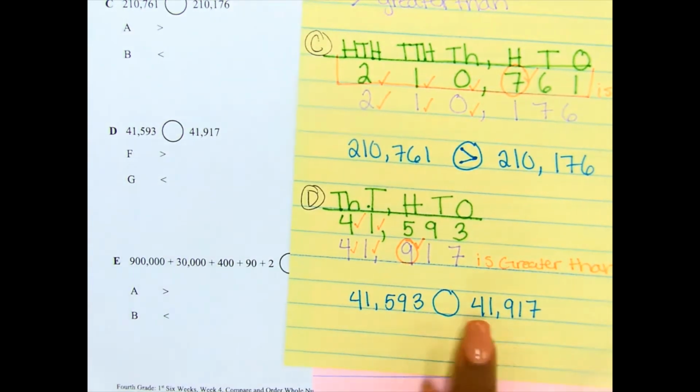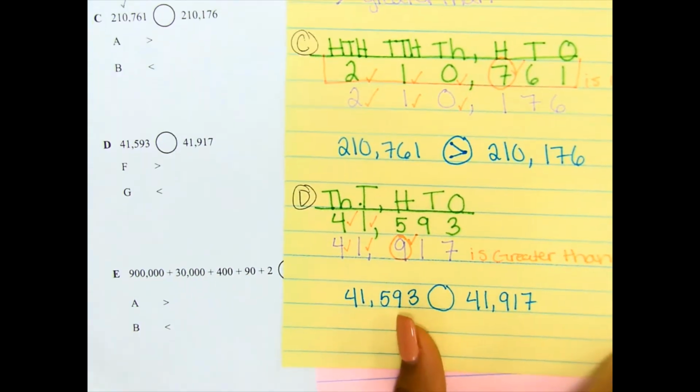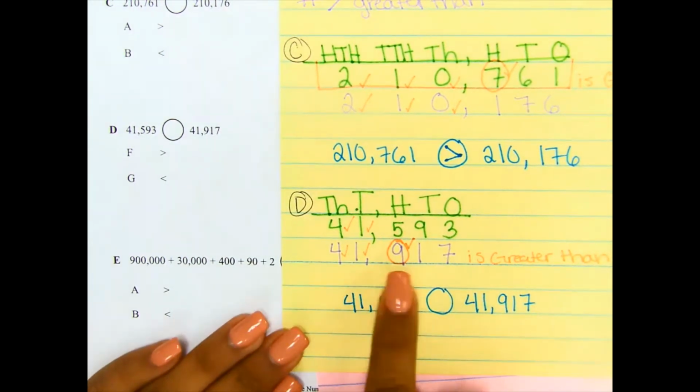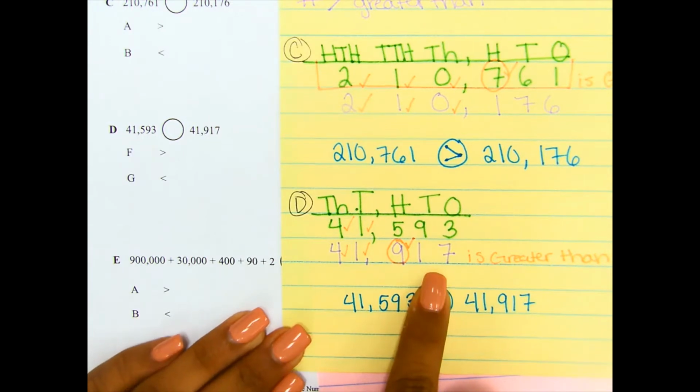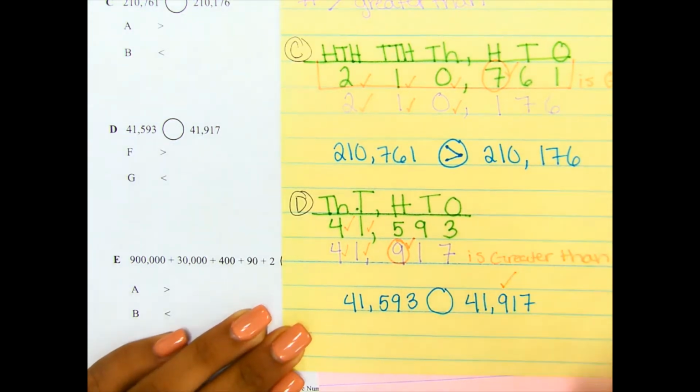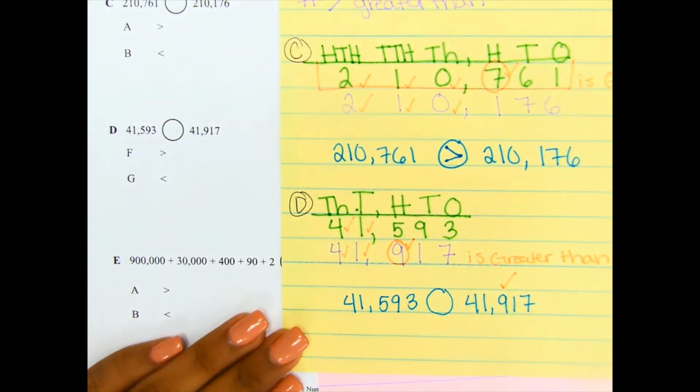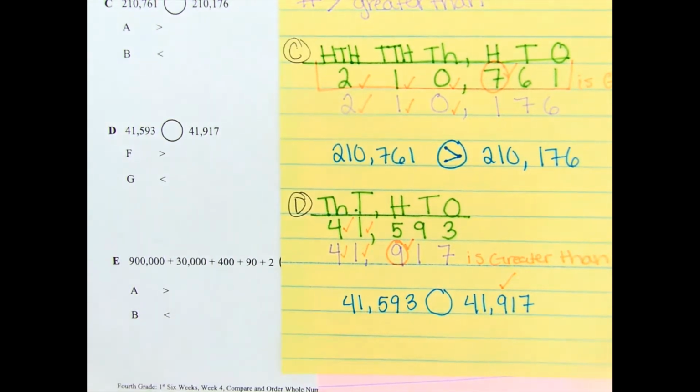So on your paper, I want you to look. We have decided that 41,917 is greater. So I'm going to put a check mark here. This is our greater number. So where do I draw my symbol? Remember, like I said, I need you to put 2 dots closer to our larger number and 1 dot on our one that is less than.